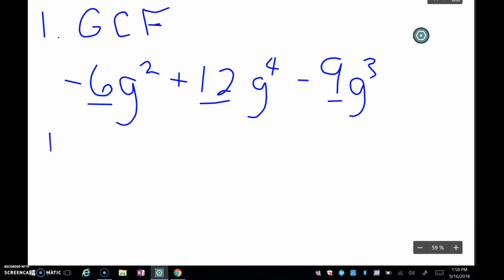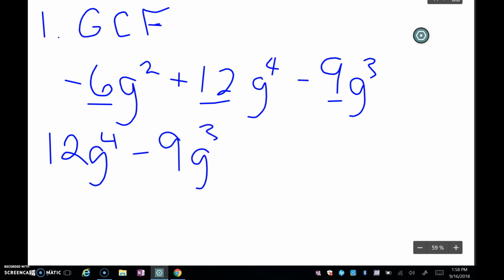So I'm going to put this in the order 12g to the fourth, then minus 9g to the third, and then minus 6g squared. You want your powers to be in descending order, so you want your fourth, then your third, then your square.